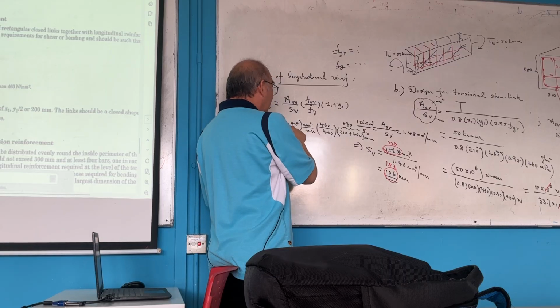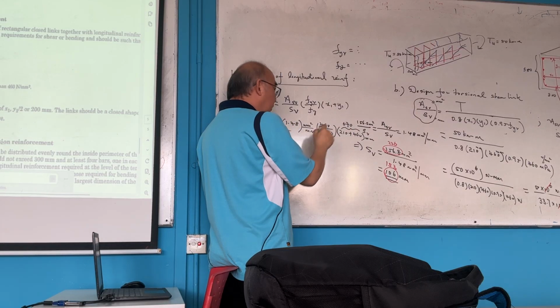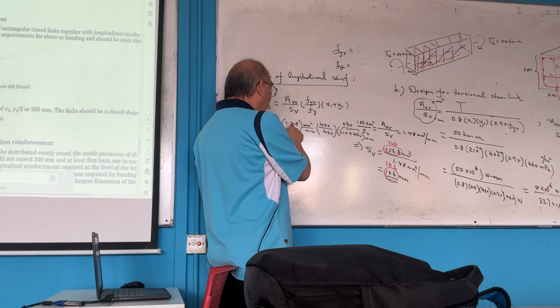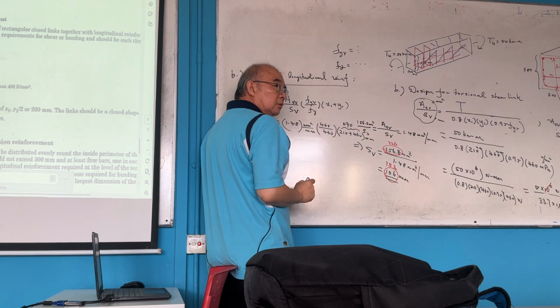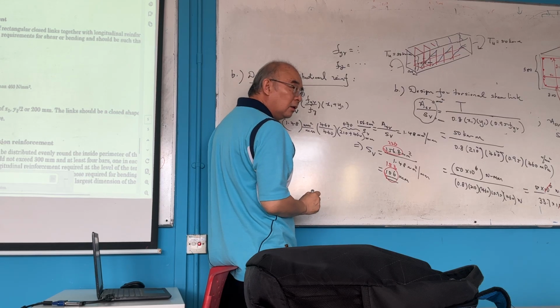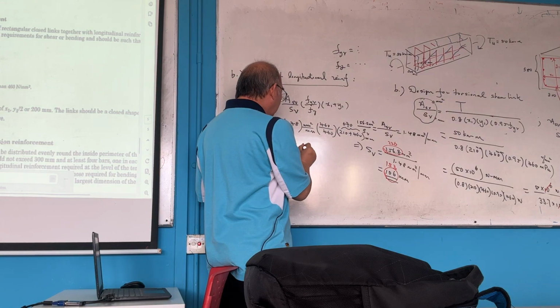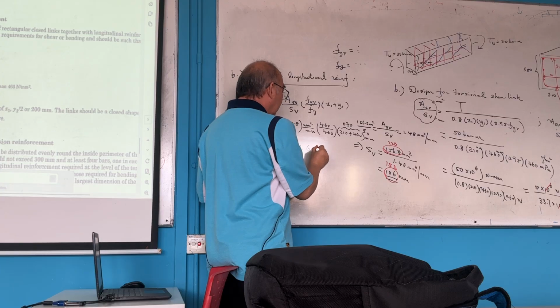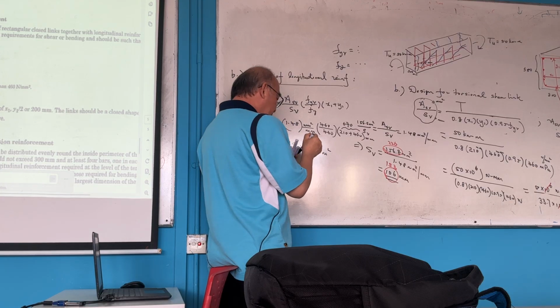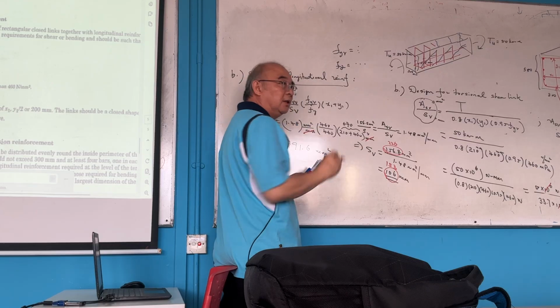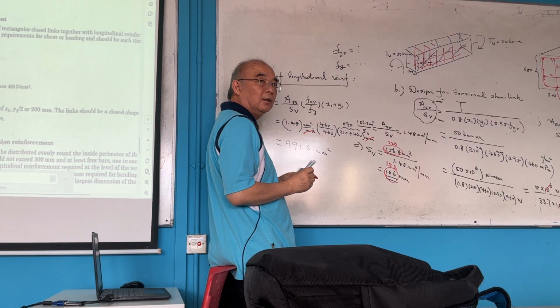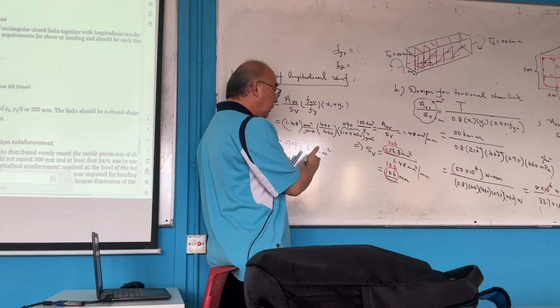So now 1.48 multiplied by 670 is equal to what? 991.6. What's the unit? It is millimeter squared, because this millimeter and this millimeter cancel out.